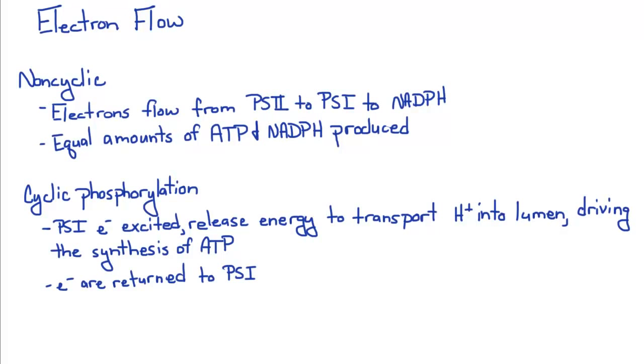This is when the electrons in photosystem 1 are excited and they release energy, which causes the transport of hydrogen ions into the lumen of the thylakoids. This drives the synthesis of ATP. But instead of these electrons being transferred to NADPH, they're returned to photosystem 1 to be recycled to produce more ATP. This normally happens when the cell is low on ATP.